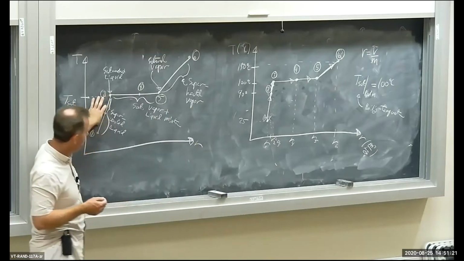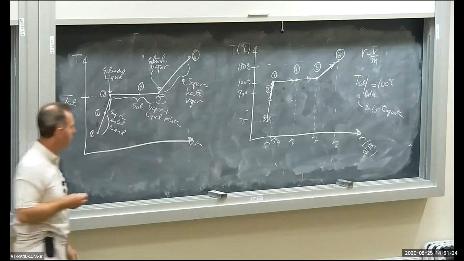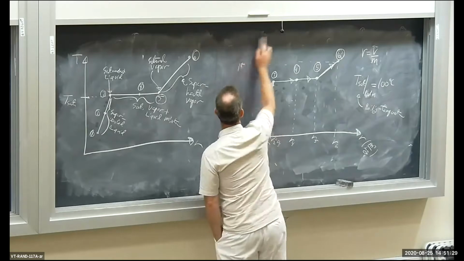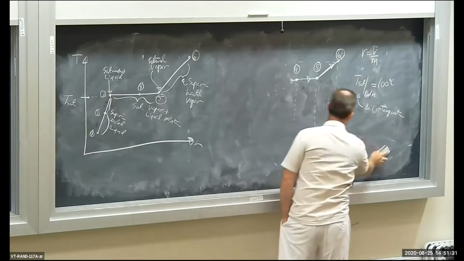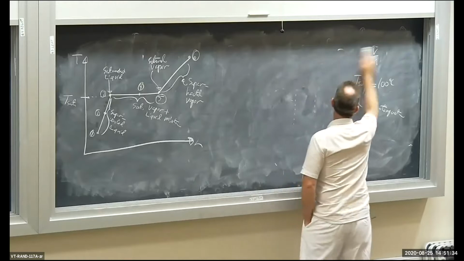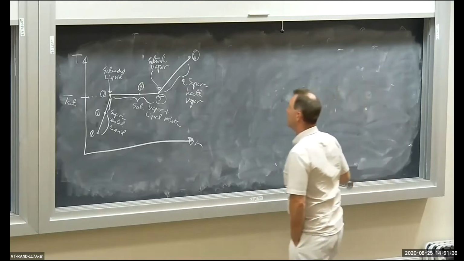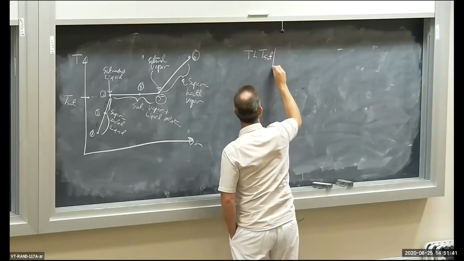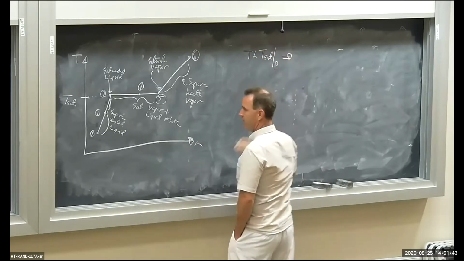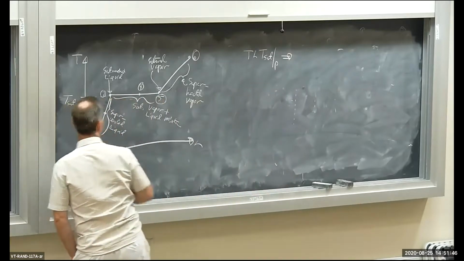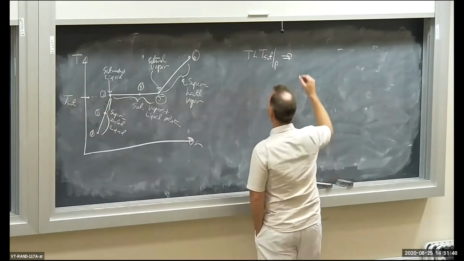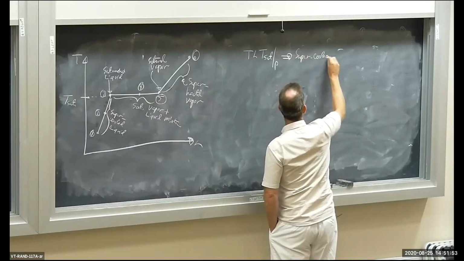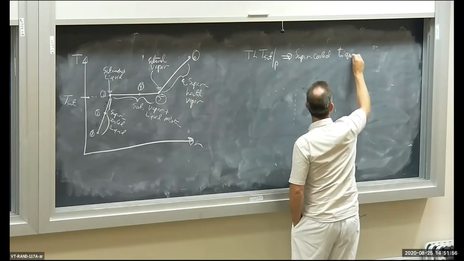We've got a supercooled liquid where the temperature is below the saturation temperature. So we got temperature below Tsat for some pressure. If temperature is below Tsat for some pressure, we are some kind of a supercooled liquid.